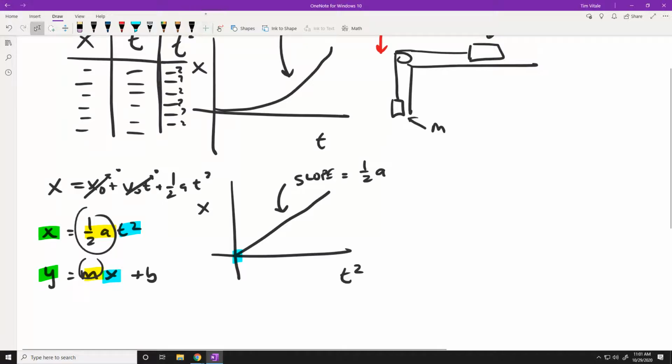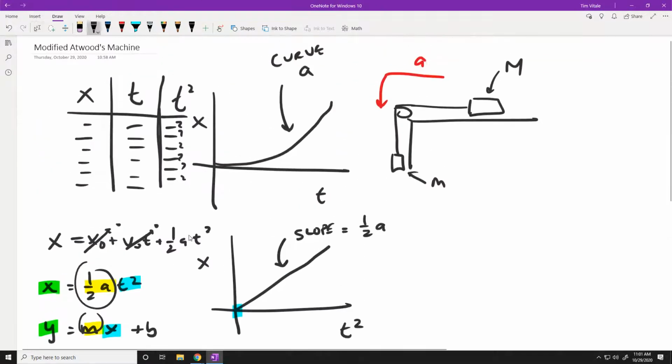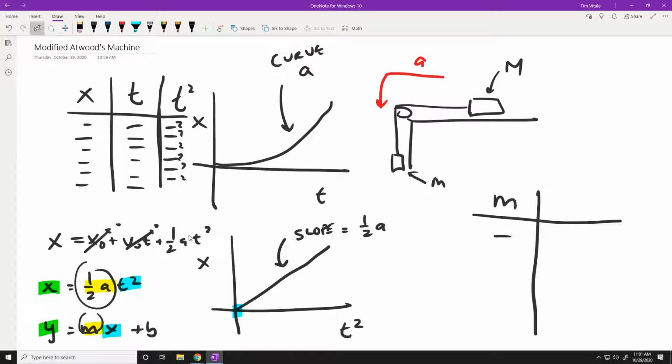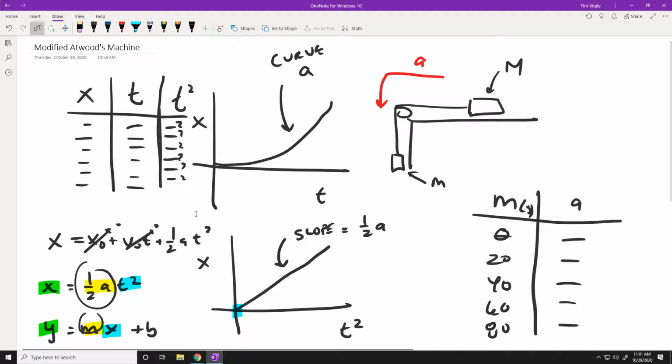And what you end up getting is a bunch of accelerations when you have different amounts of hanging mass. So what you're going to get at the end of your lab is you're going to have hanging masses, and I think it goes like 0, 20, 40, 60, 80, 100, something like that, and that's in grams, right? And then you have accelerations, which you'll have some numbers for.